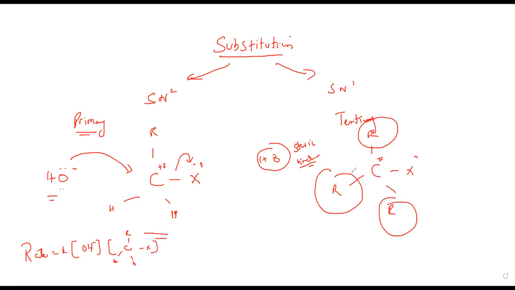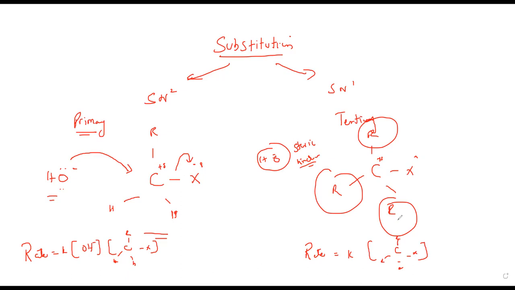If this OH cannot attack the carbon, the rate only depends on the presence of halogen alkane. So if we have an expression in which only halogen alkane is involved, it means that is an SN1 reaction.